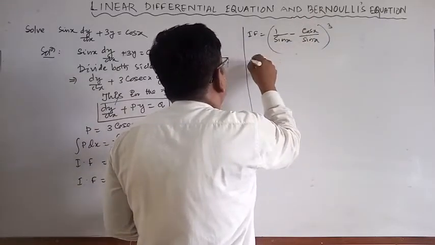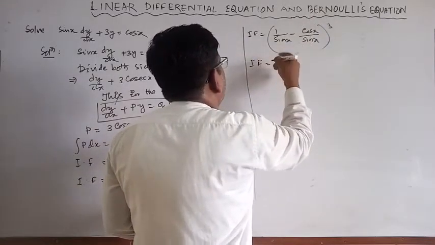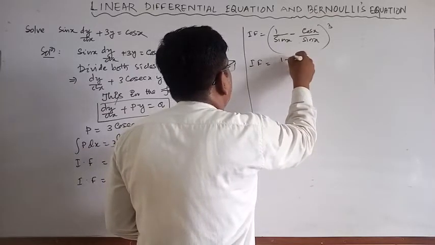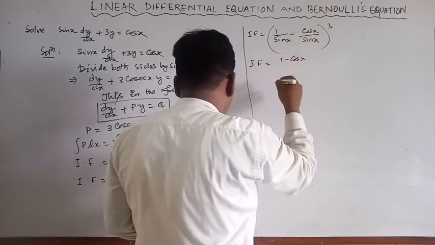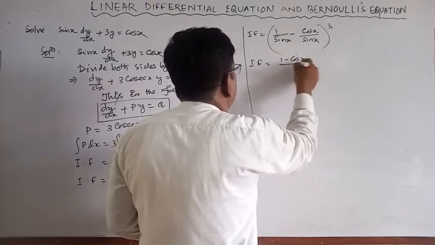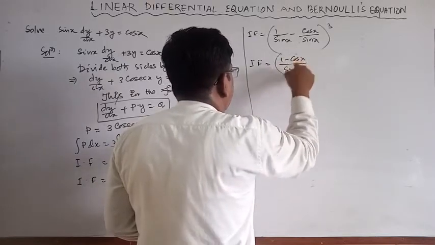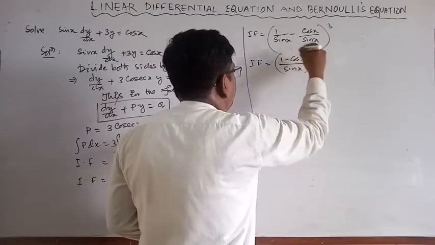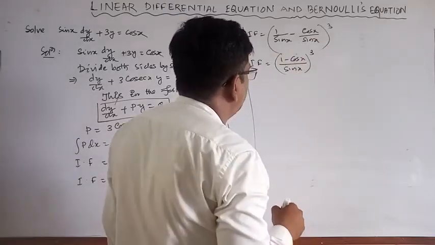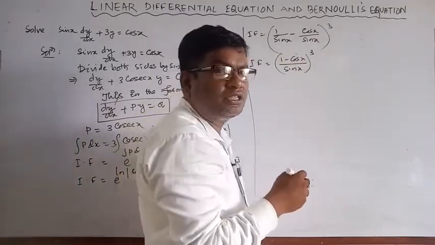So IF is equal to 1 minus cos x by sin x, that is to the power 3. So 1 minus cos x means what?